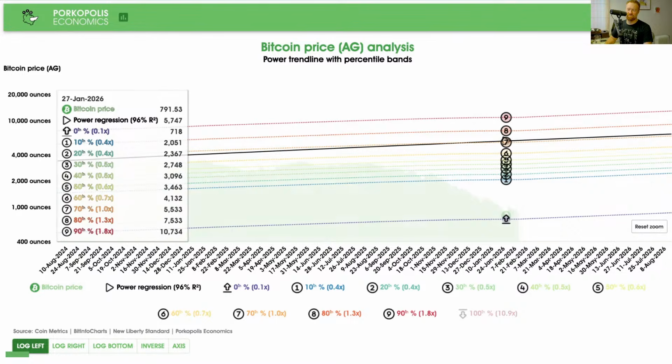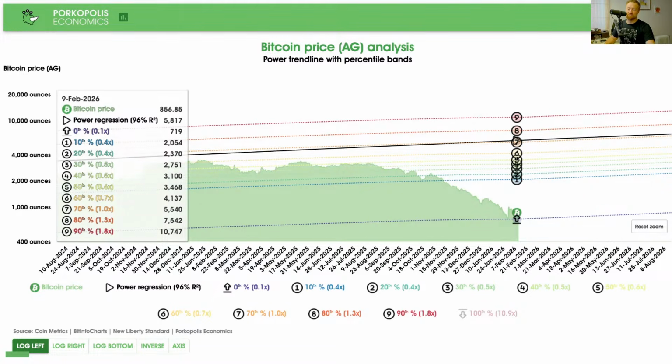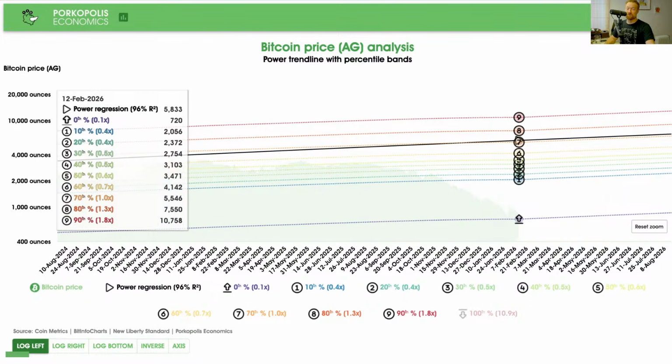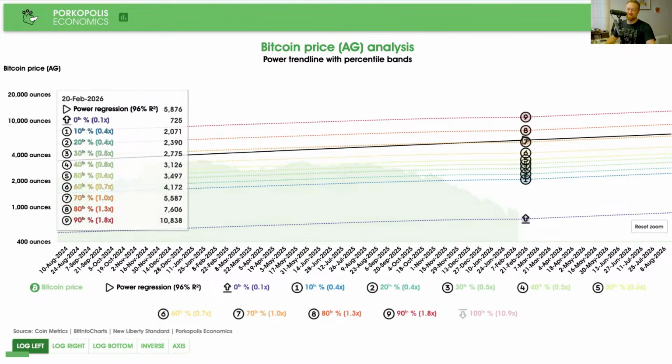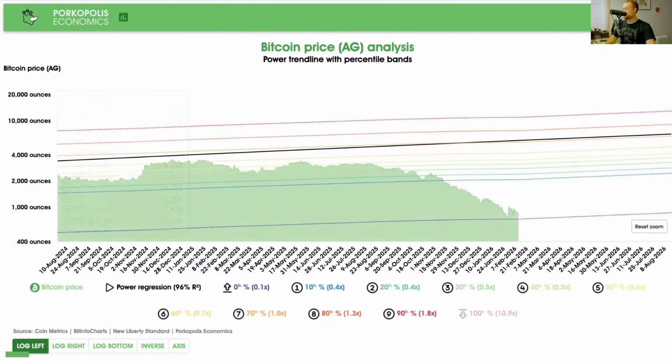Still moving up. Bitcoin's still trending positive here, so the 0th percentile is now 720 instead of 718. 2 more ounces of silver already as the bottom. We'll have to see.